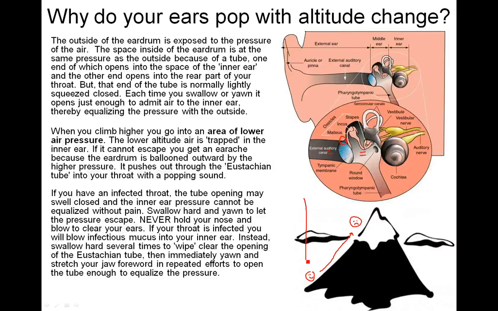Remember there's lots of pressure pushing down here, but less pressure here. So there's lower pressure outside your ear, but the pressure inside your ear is still high because it was trapped by your eardrum.